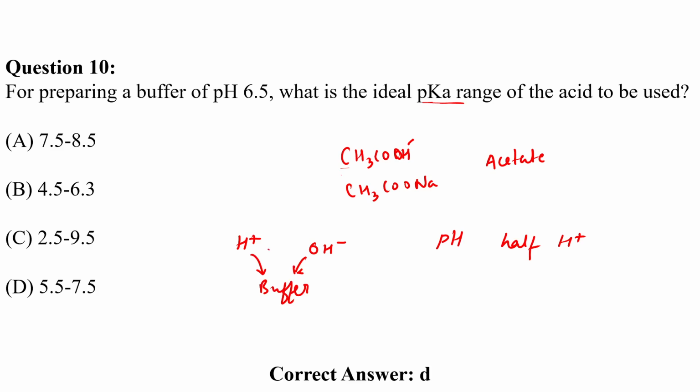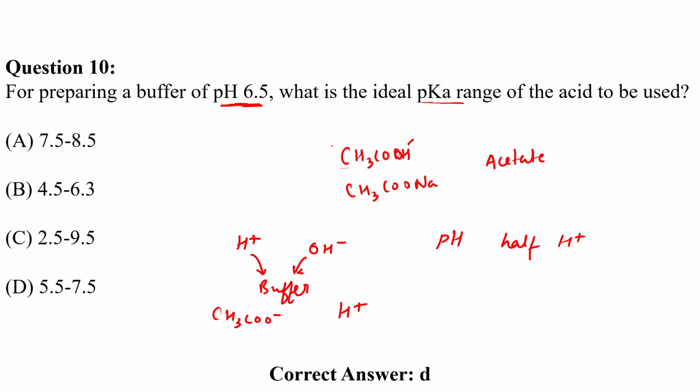If I add a small amount of acid, that is a small amount of H plus ion concentration, I will have enough anions to neutralize these protons. And if I add a small amount of base, what will happen? We will have enough protons to neutralize the hydroxide ions. So for making a buffer system at any pH, we have to see the pKa range.